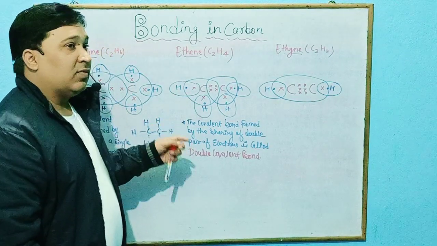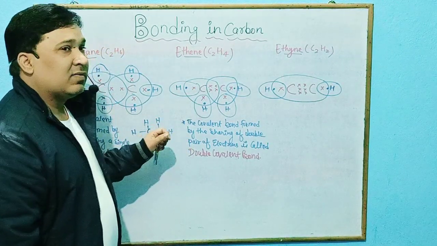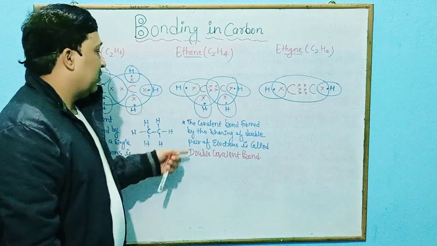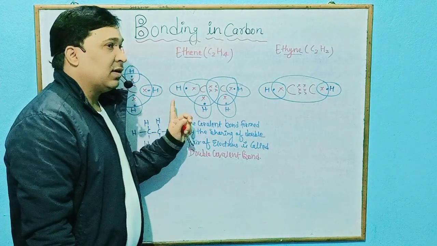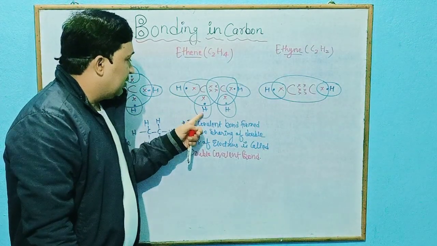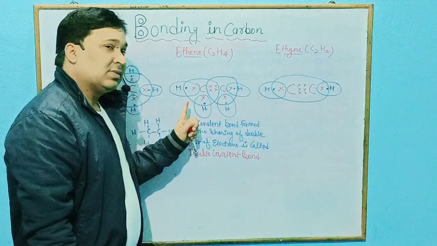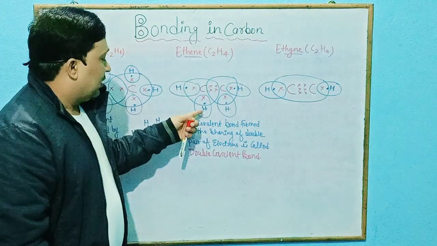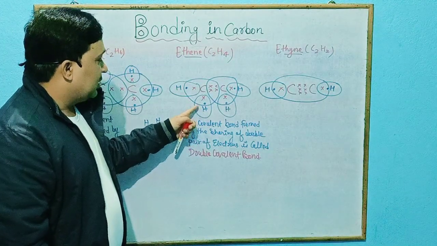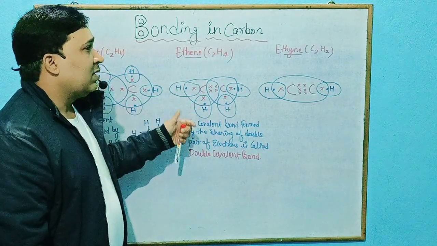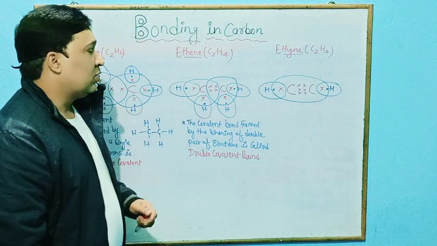That's why I have told you that whenever we are looking at the sharing of electrons and types of covalent bond, we just consider two atoms at a time. Here we are considering carbon and hydrogen and looking for the sharing of electrons. So one pair of electrons is shared. That's why hydrogen and carbon here are singly bonded. It means bonded by a single covalent bond.